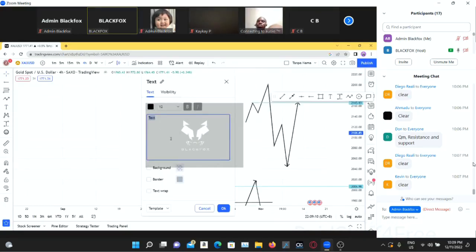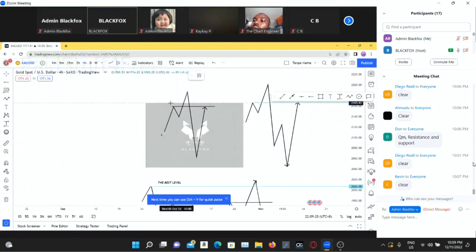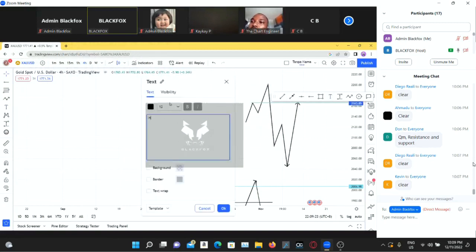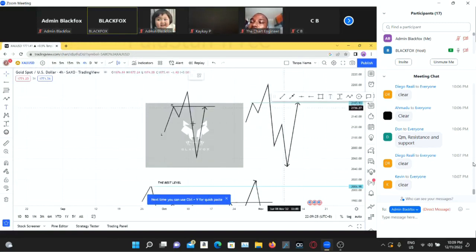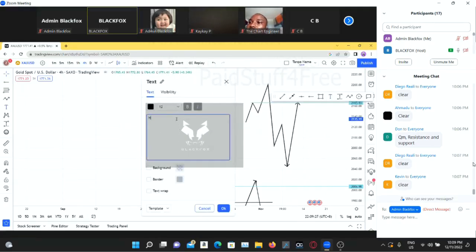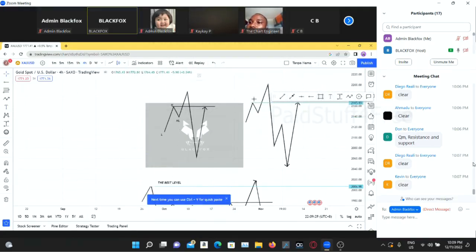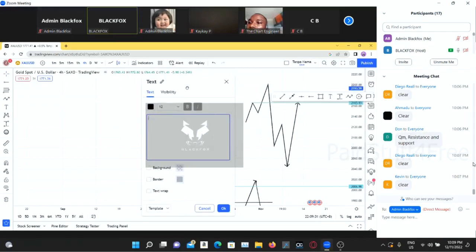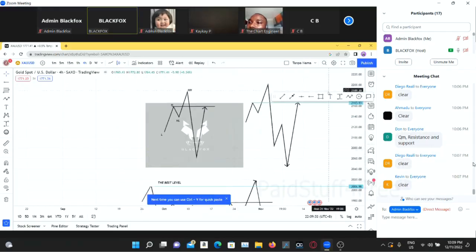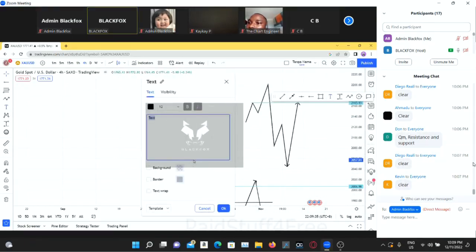Just like I said before, market structure must have first breakout and second breakout, right? So this one low, high, low, higher high, lower low.